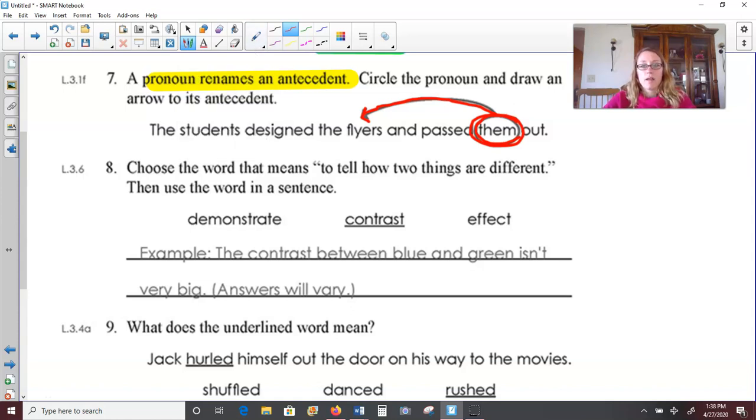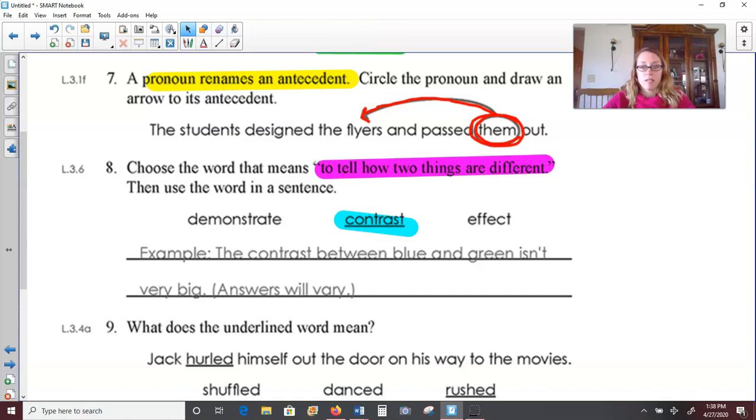Okay, on number 8, we need to choose the word that means to tell how two things are different. Demonstrate, contrast, or effect. Well, compare was how two things are the same, so I know contrast is how two things are different. Their example sentence is, the contrast between blue and green isn't very big. So that means the difference between those two colors isn't a lot.